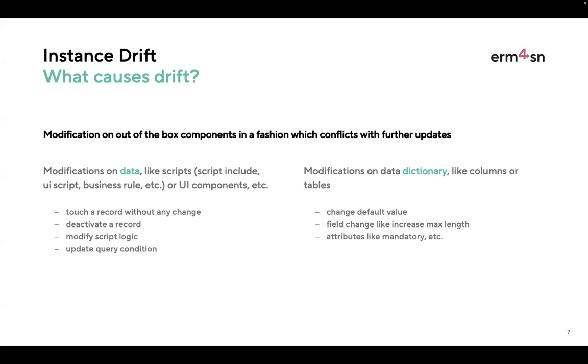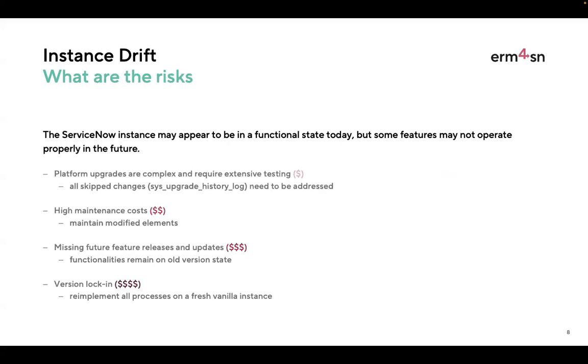Or you have the opposite: you touch something and then the table is not changed, and then some parts of the application stop working, which would be a worst case scenario. So at the end, if one is not looking at the drift carefully, this can become very expensive.